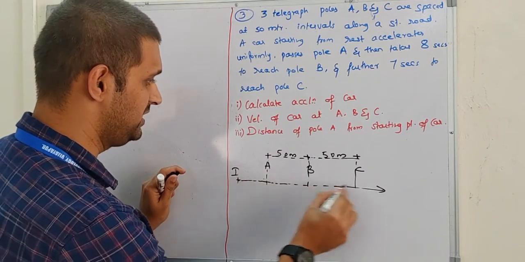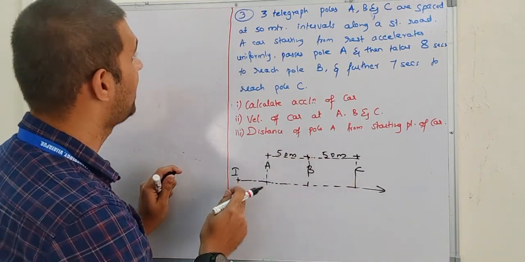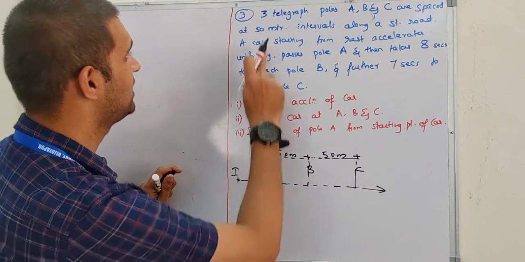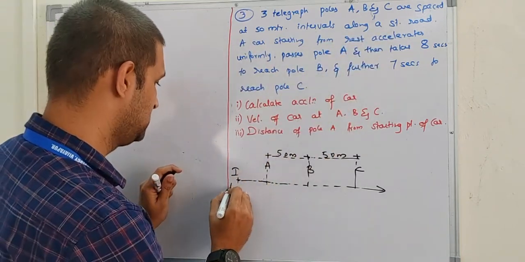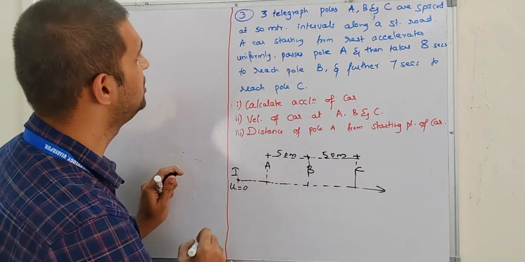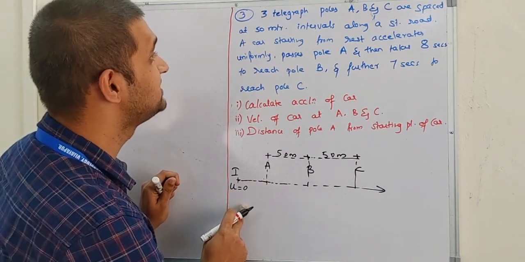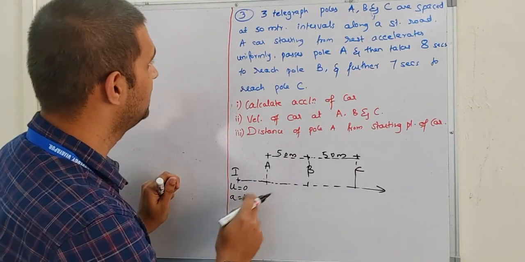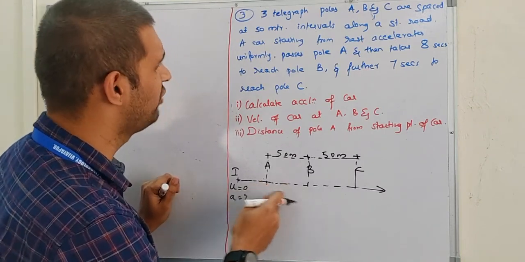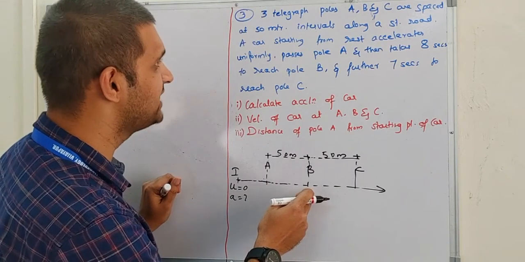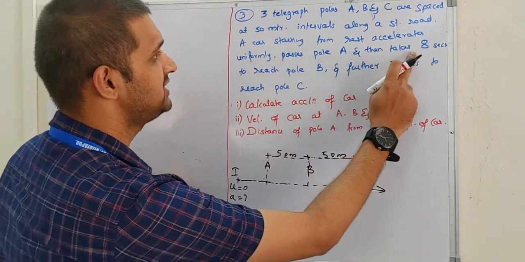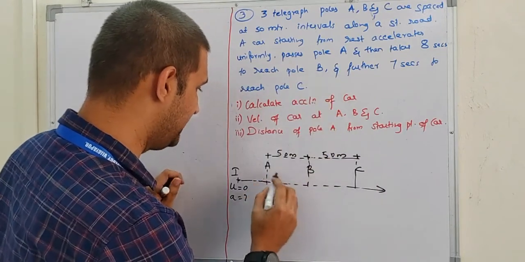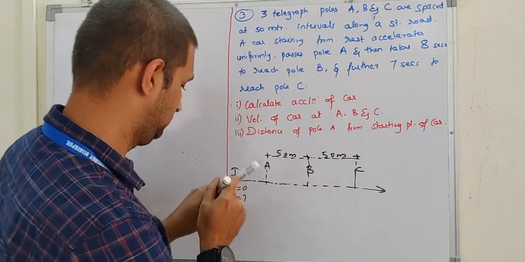This is A, B and this is C. Now a car starting from rest, which means u is equal to 0 meter per second, accelerates uniformly, which has to be calculated. Clear? And passes pole A with some velocity and then takes 8 seconds to reach pole B. So from pole A to pole B it takes 8 seconds.